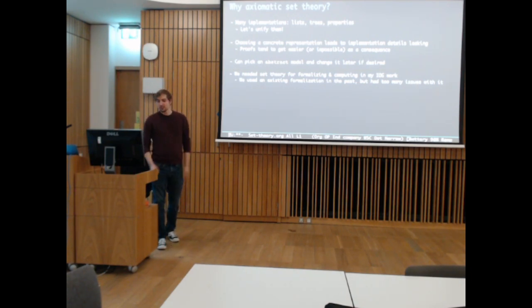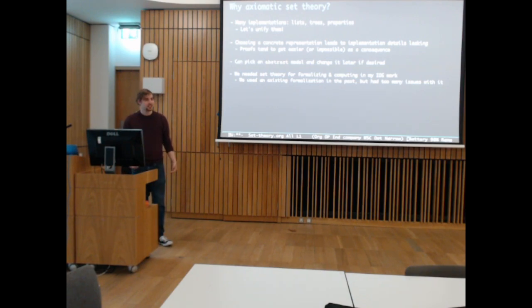So the idea is maybe we can take one approach to set theory that has all of those implementations as models, and then build our set theory abstractly without picking a model. Whenever we actually need a model, maybe because we want to compute, or because we need specific things that are only true in the model, then we can instantiate the model and go from there. But many of the common things we can do generically over the set theory.